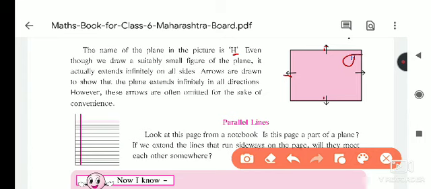So even though we draw a suitably small figure of the plane, it actually extends infinitely on all sides. If we draw a small figure, then also we can extend it infinitely on all sides. That word is important: all sides.